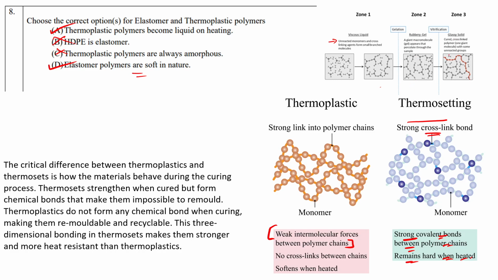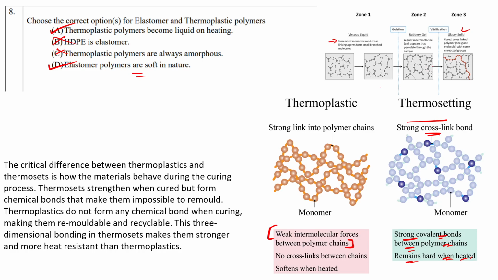And lastly, when that cross-linked polymer is formed, it becomes a glassy solid. So that's the thing for thermosetting, right? For thermoplastic, it will become liquid, and for thermosetting, it becomes a glassy solid. That's the verification phase.